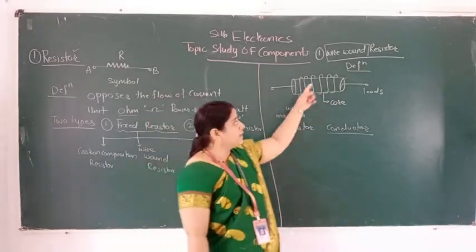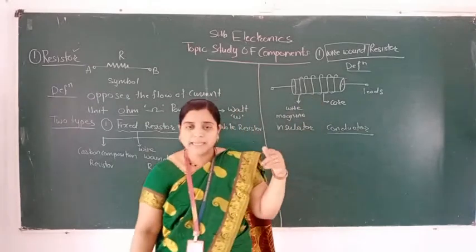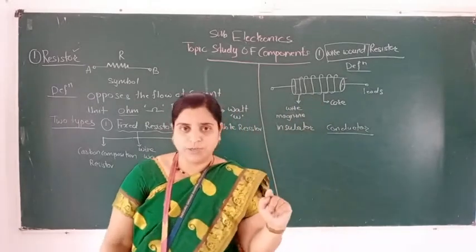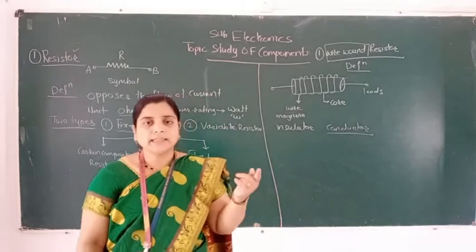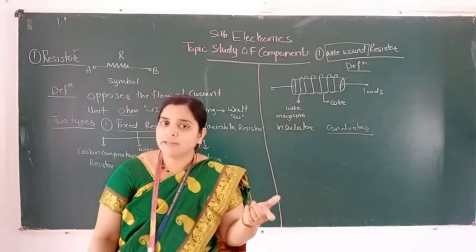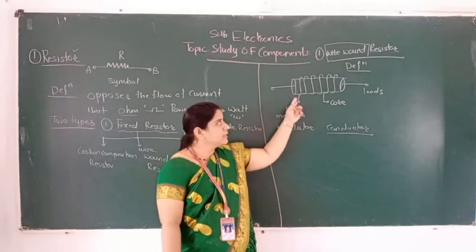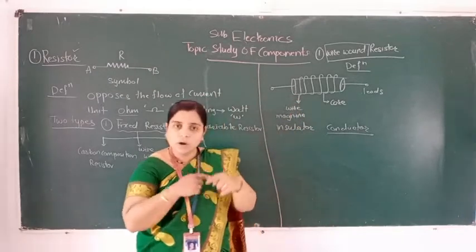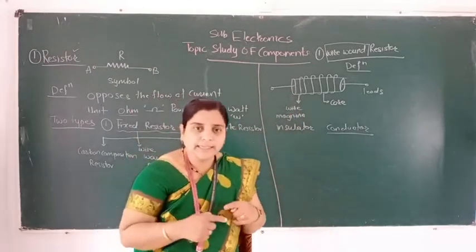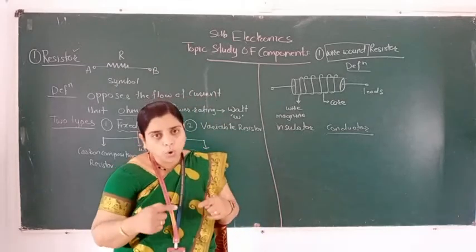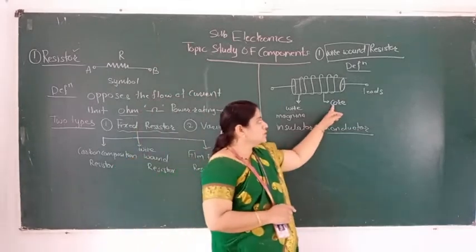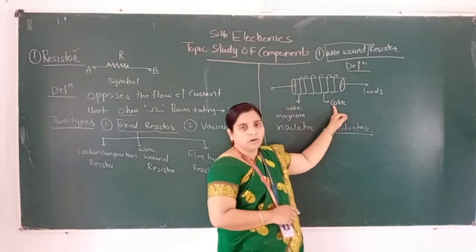So our wire is wound on which material? On the insulator. Okay, so that there is no question of electric shock. Therefore, magnetic wire is wound on the insulating core, not copper.